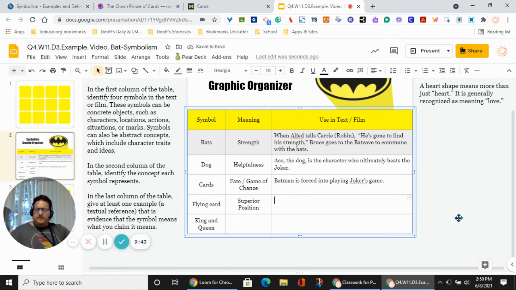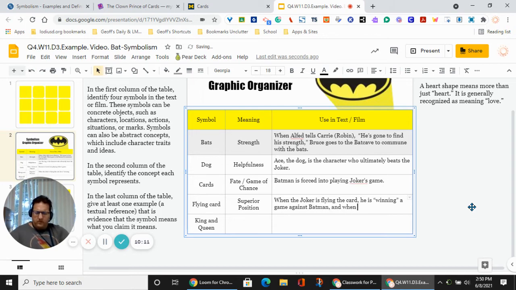How does that connect to the text? Okay, well, when Joker is flying the card. That's a weird sentence. When I should say, when the Joker is flying the card, he is winning the game against Batman.